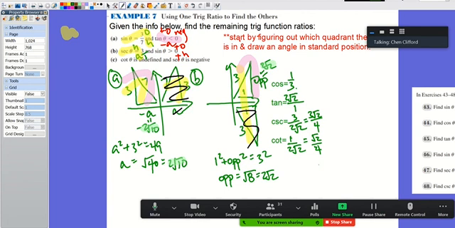Okay, let's do this last one, C. Let me pull up my unit circle.